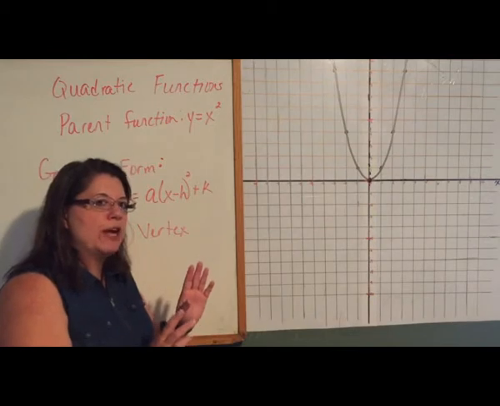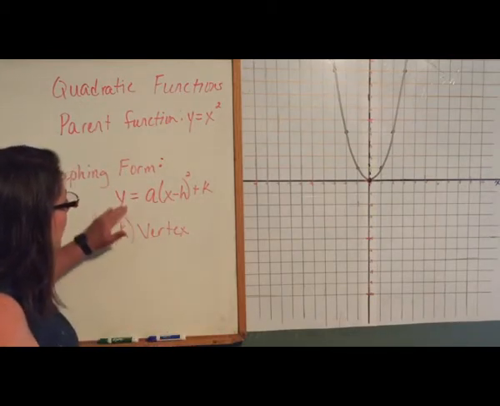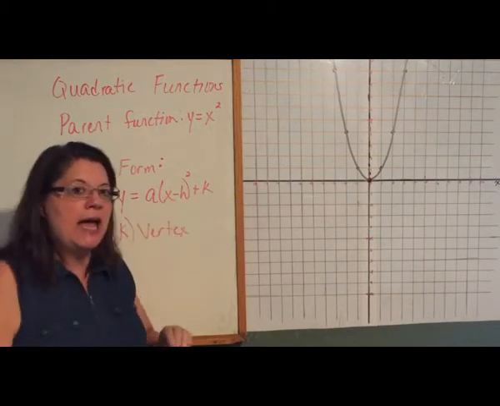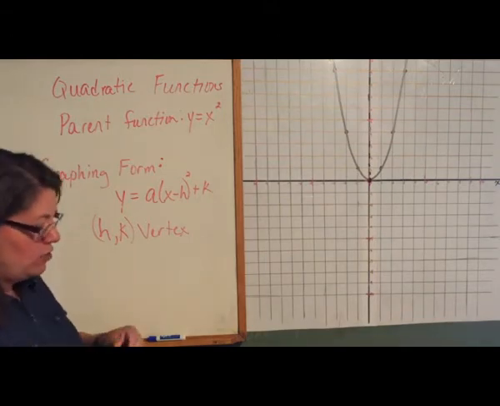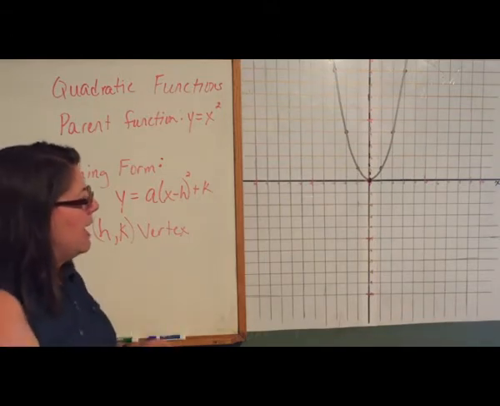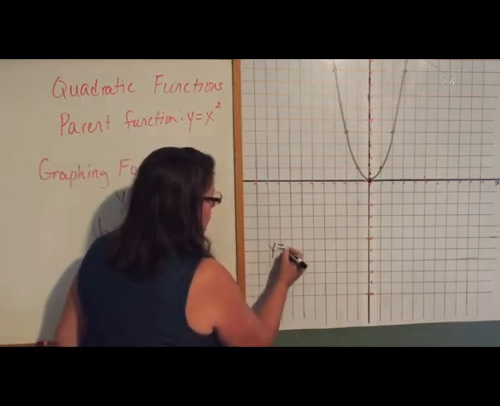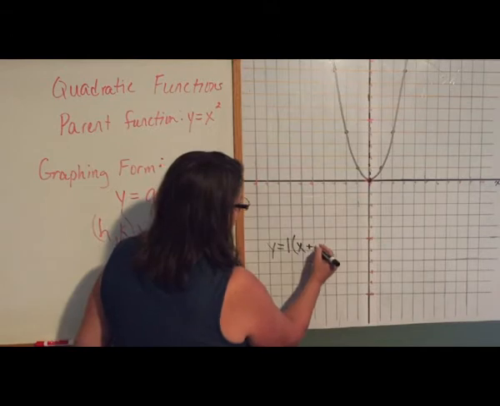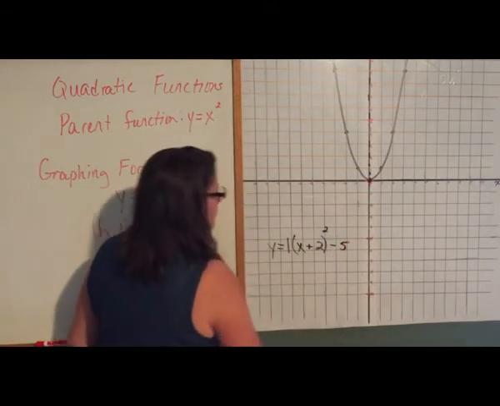Let's go in the same direction that we learned in chapter 1 first, to show you how graphing form relates to our parent function, and then we'll go in the opposite direction. So let's just suppose that I have the equation y equals, and I'll just keep a 1 times x plus 2 squared minus 5.